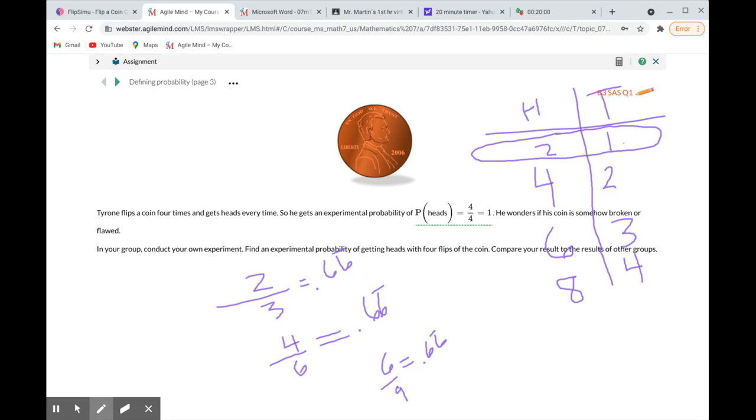So how can we use experimental probabilities to judge the fairness of a game? I want you to think about that. How can you use experimental probabilities, what we just did, like taking a number of outcomes divided by the total number of tries, to judge if a game is fair or not?